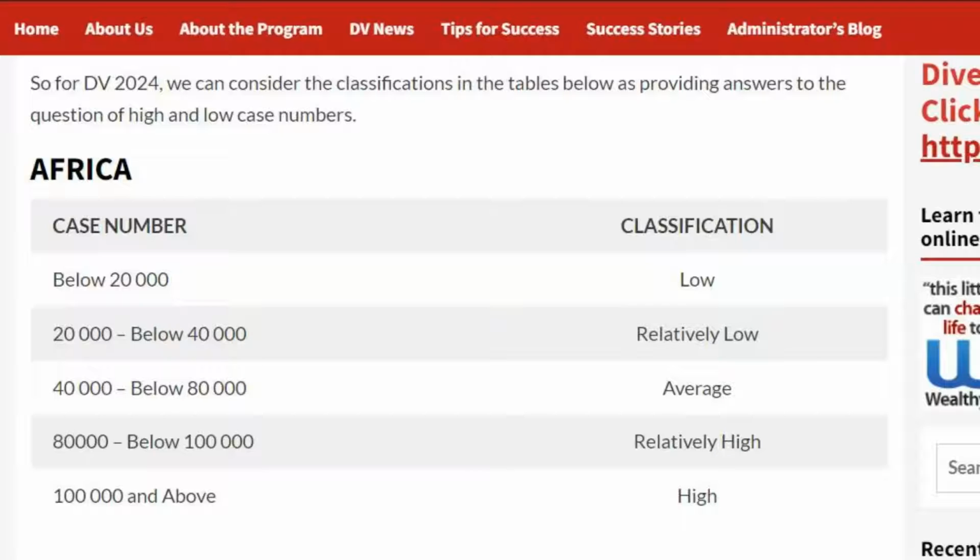If it is from 40,000 to just below 80,000, that can be considered as an average case number. If it is from 80,000 to just below 100,000, then it can be considered as a relatively high case number. Now, 100,000 and above from the Africa region can be considered as a high case number in the DV 2024 program.